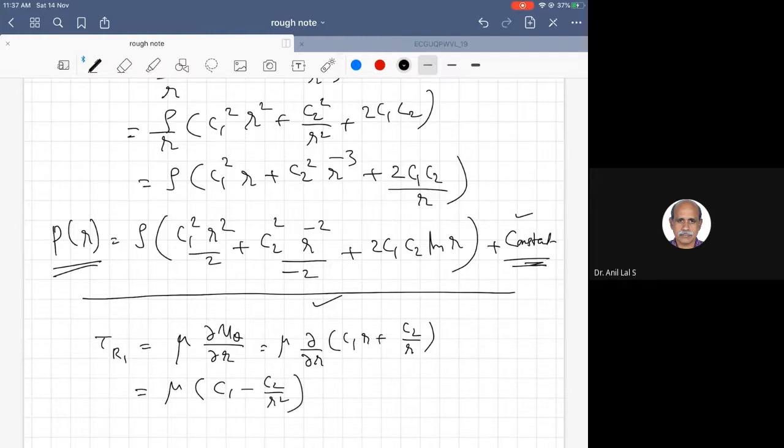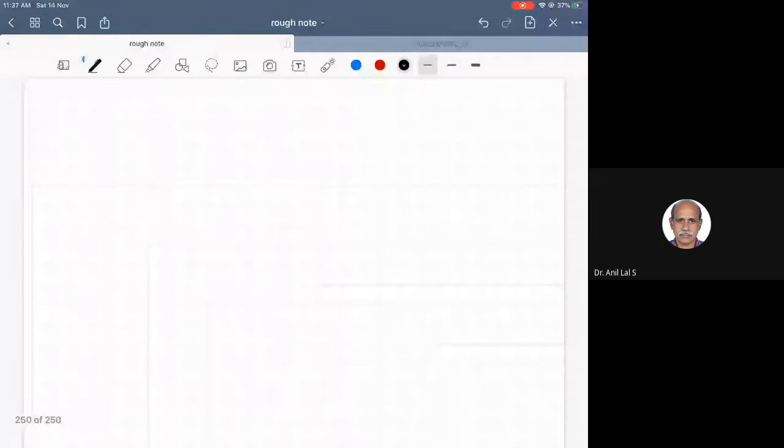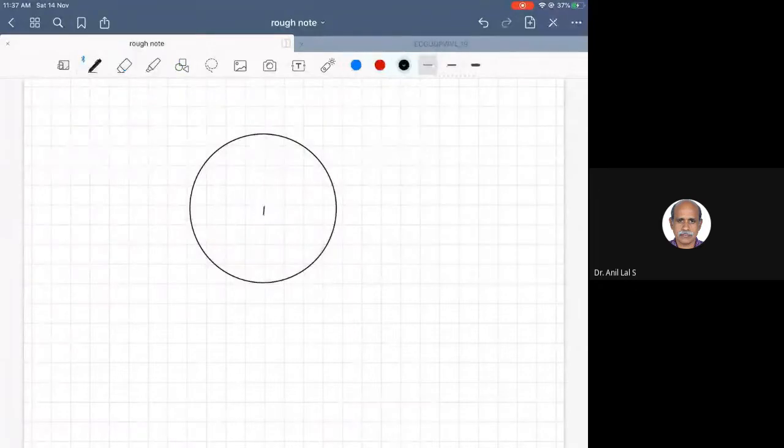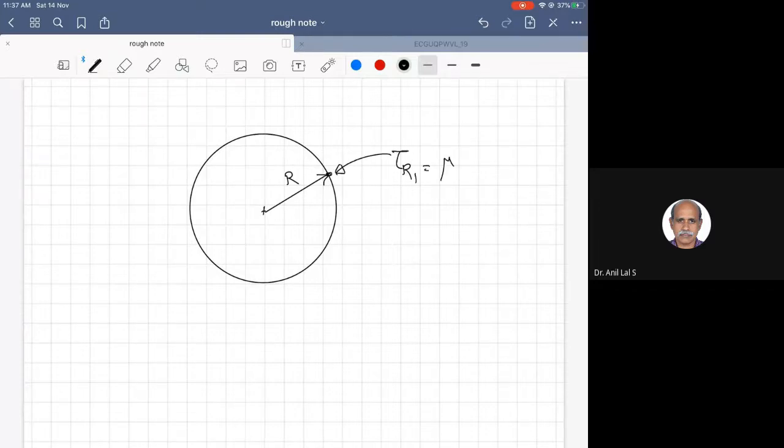We substitute C1 and C2 and R1. There is an inner cylinder; this is the center, and we have this radius, which is R1 at this point. The tau at R1 is equal to mu into C1 minus C2 by R squared.